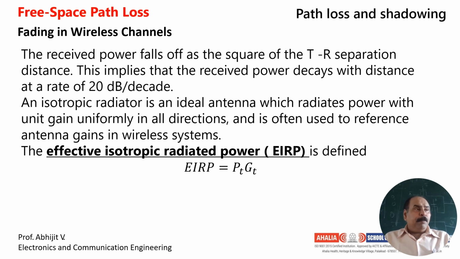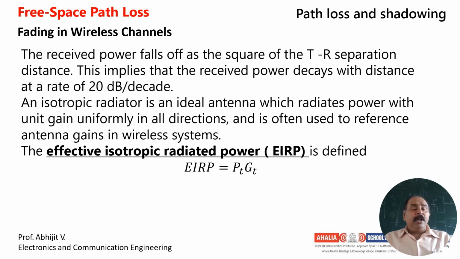Now we'll see an important definition called effective isotropic radiated power, EIRP. The received power falls off as the square of the distance between the transmitter and the receiver. This implies that the received power decays with distance at a rate of approximately 20 decibels per decade.